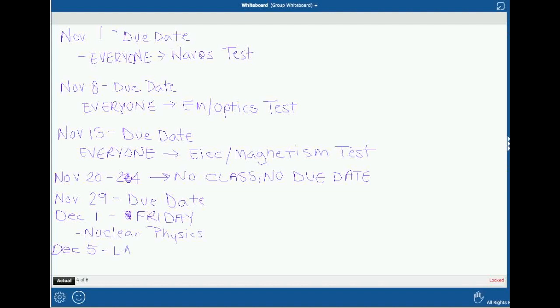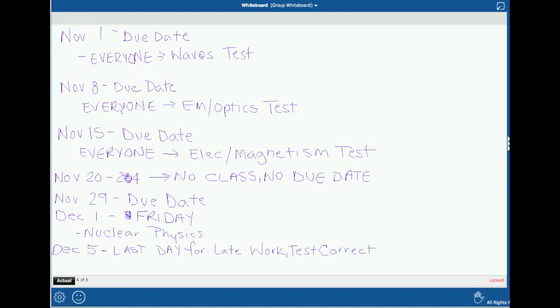for any sort of late work, for test corrections, even if you have extended time for some reason due to some sort of accommodations, it does not matter. Regardless of who you are, December 5th is your very last day for late work.